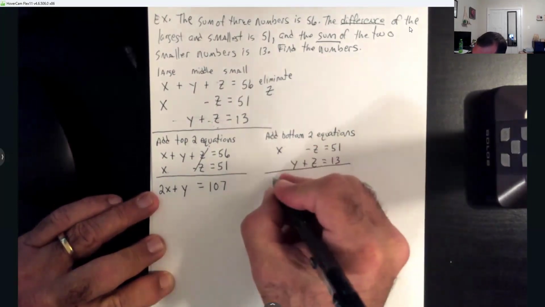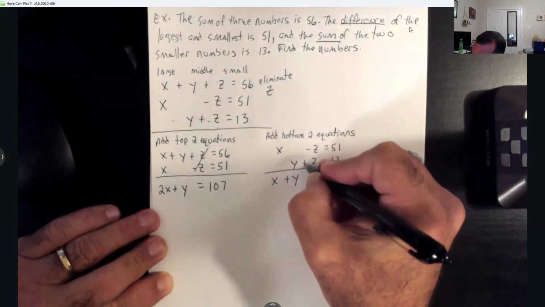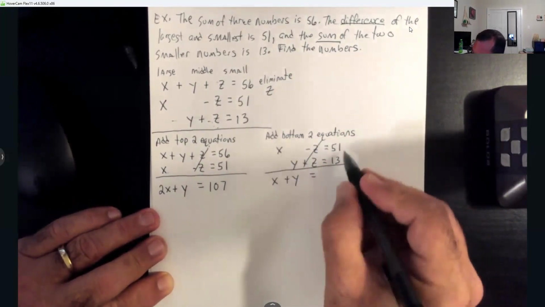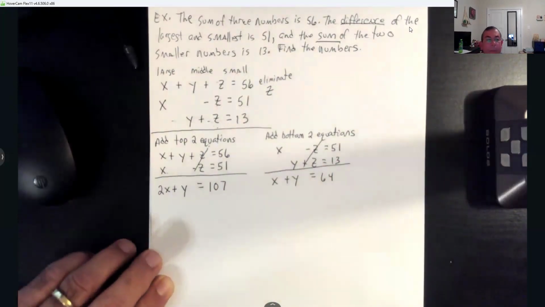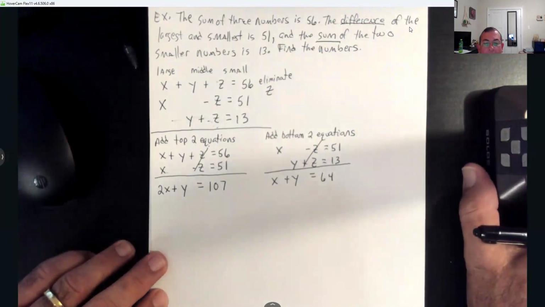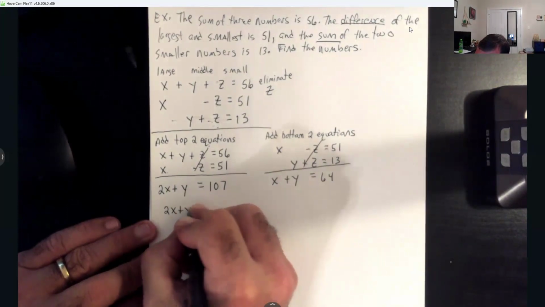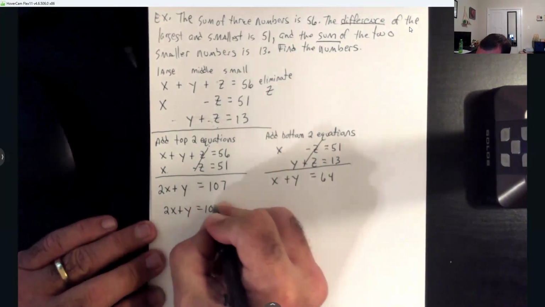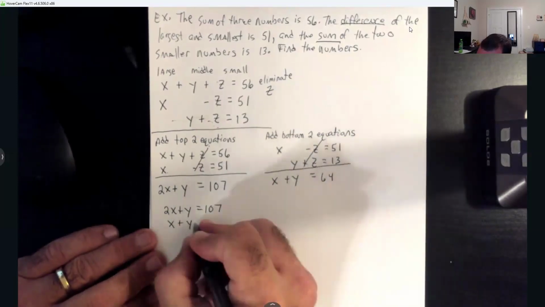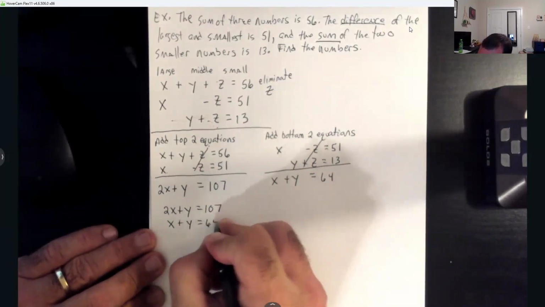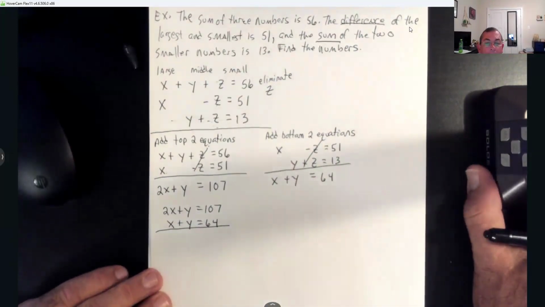We bring down that x, we bring down that y, the z's canceled, and these will equal 64. All right, y'all, so my next two equations are 2x plus y equals 107 and x plus y equals 64.